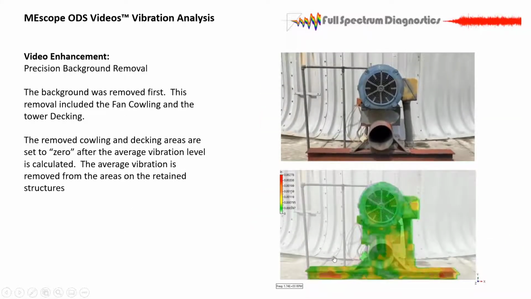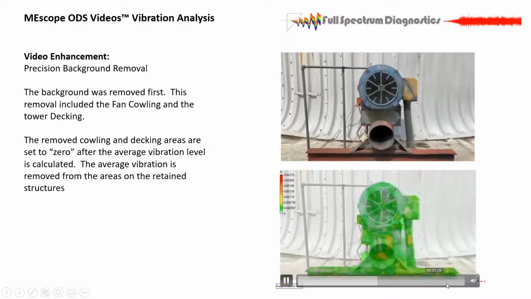This is when I select the structure that's the motor and its support structure and the beam that it's mounted on, this cylinder. I can remove all the cowling vibration, the floor vibration, and so forth, get rid of the wind pushing the camera around and causing everything to look like it's shaking, and now I get the true motion.